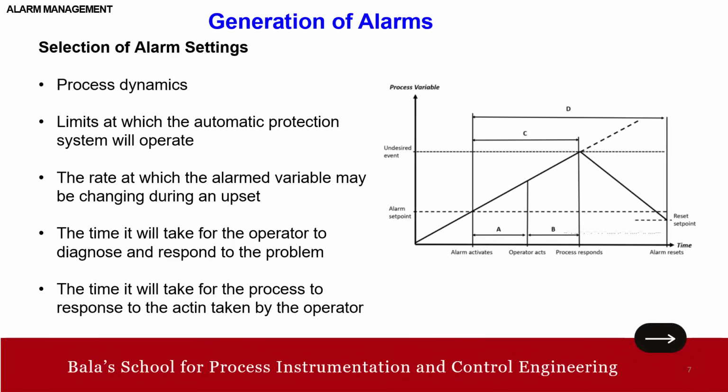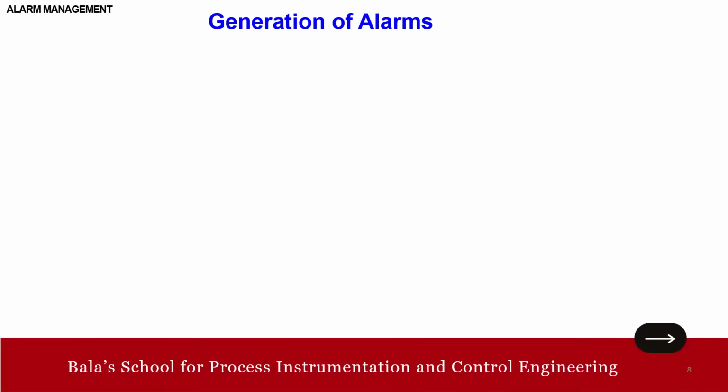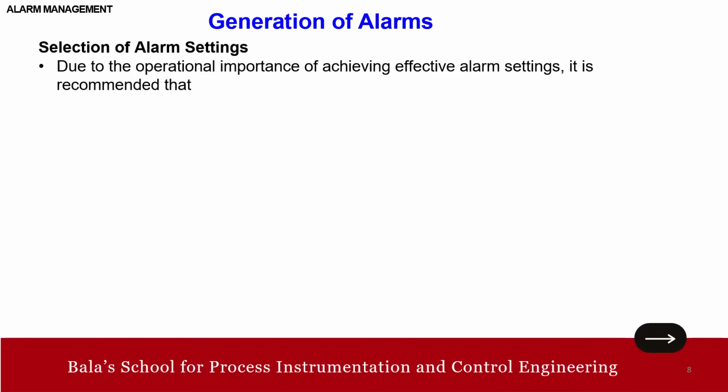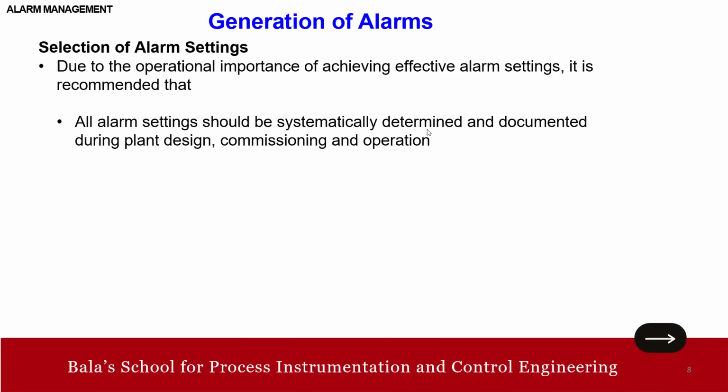Likewise, there are many things, but anyway, we will not dive deep into it. Okay. Another important point I also want to put forth. Due to the operational importance of achieving effective setting, it is generally recommended that alarm setting should be systematically determined and documented during plant design, commissioning, and operation.